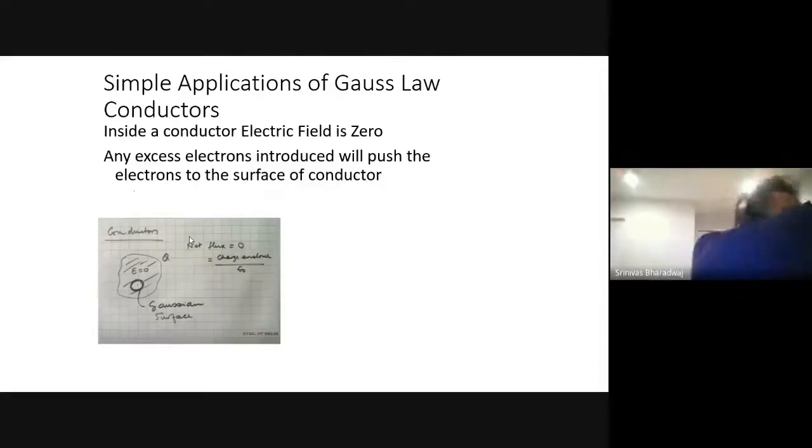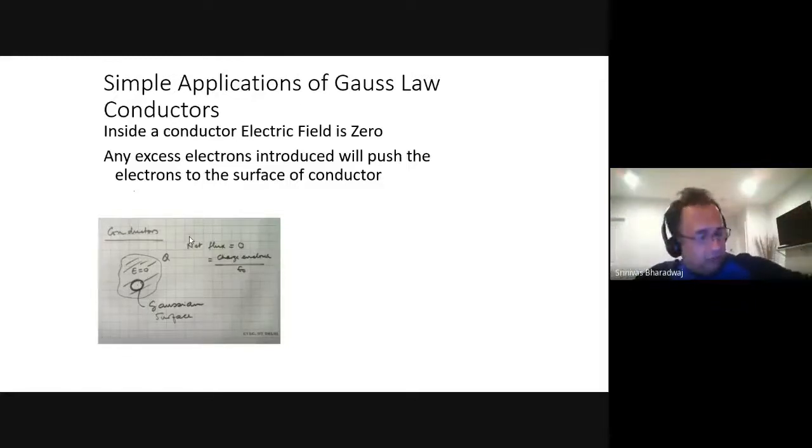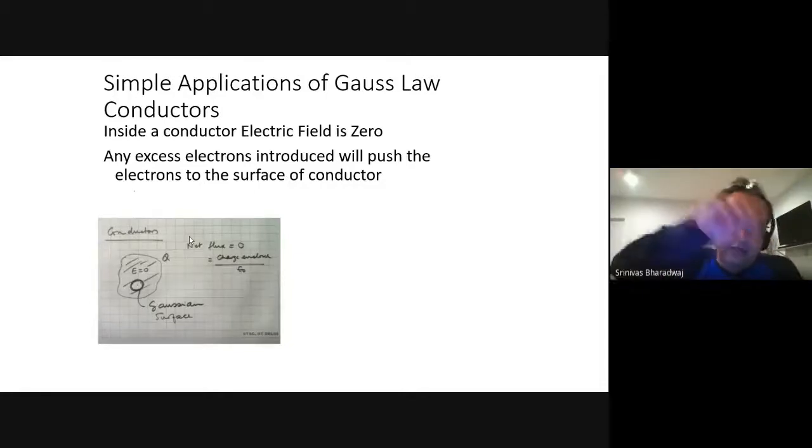Now, what happens inside a conductor? You connect it to the power source, right? The power source is driving electrons through the wire. If you connect it to a battery, the battery will push electrons from the negative terminal to the positive terminal, and we say that current flows the other way around.